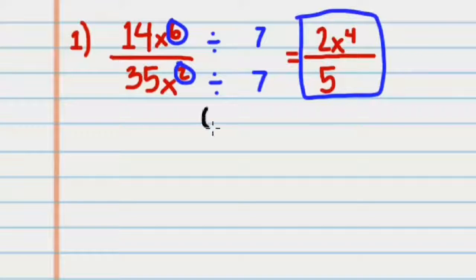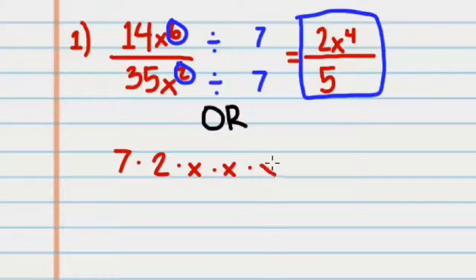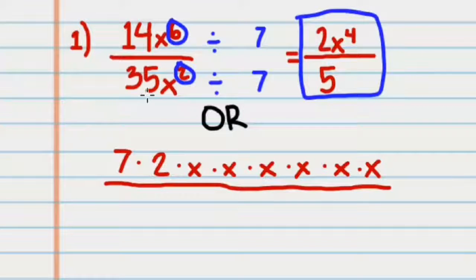Now, you can also see it in this way. Let's go back to the start. We will write the factors of 14 and 35. 14 is 7 times 2, and x to the 6th is basically 6 x variables multiplied to each other. 35 is 7 times 5, and x squared is just x times x.